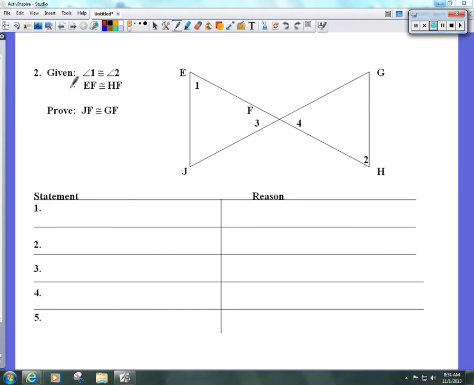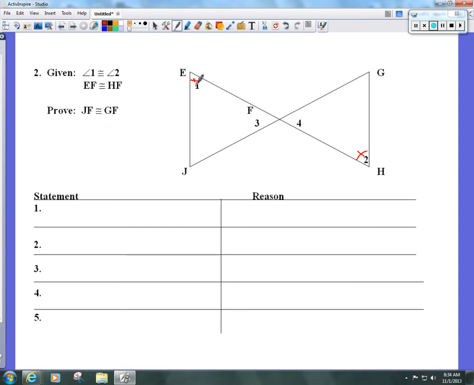So again, let's look at what we're given. We're given angle 1 is congruent to angle 2. And it's very important that you mark your triangles as you're going along with me. That way the information is all on your picture and you can see how I am going to prove that these triangles are congruent, which will allow me to prove that JF is congruent to GF.